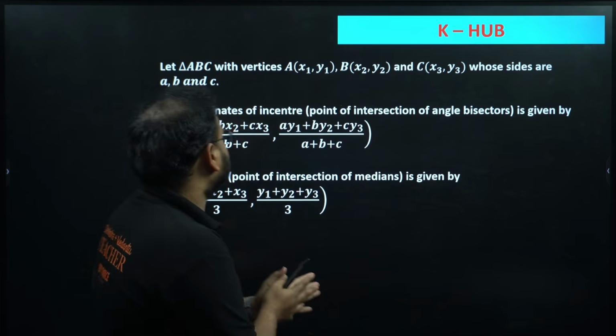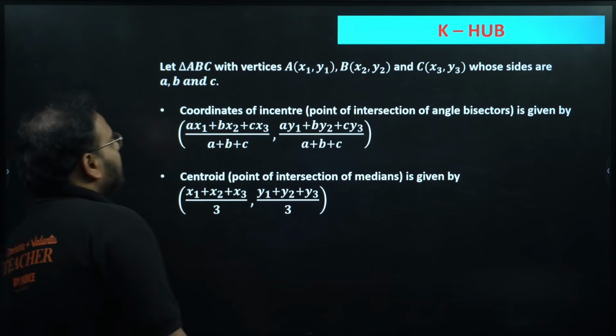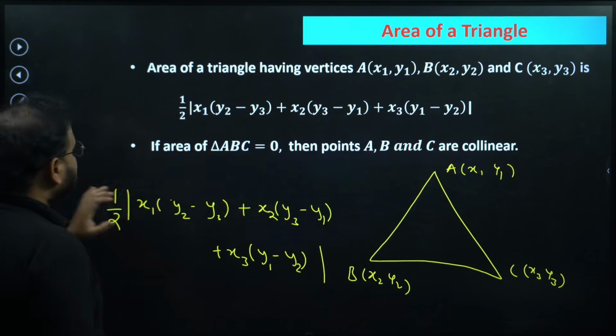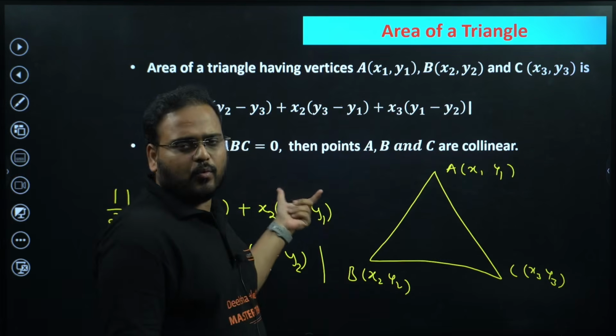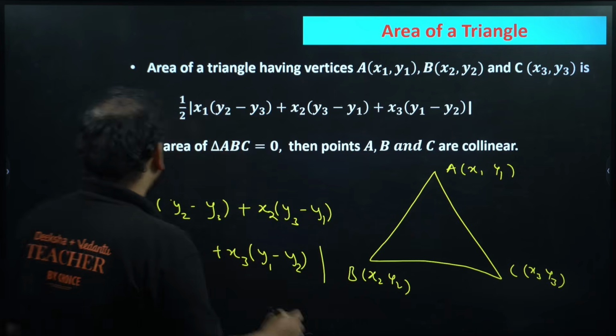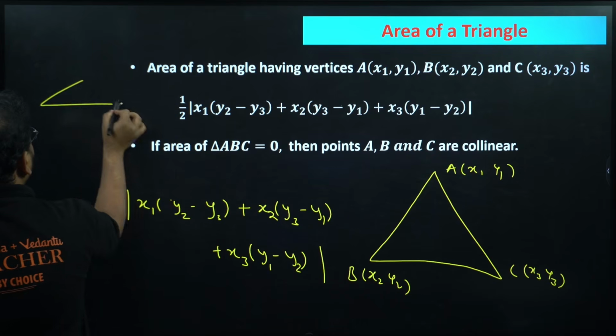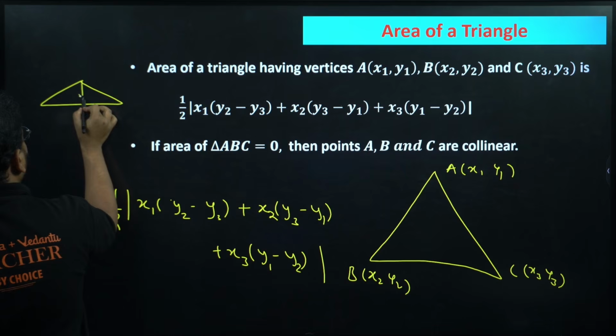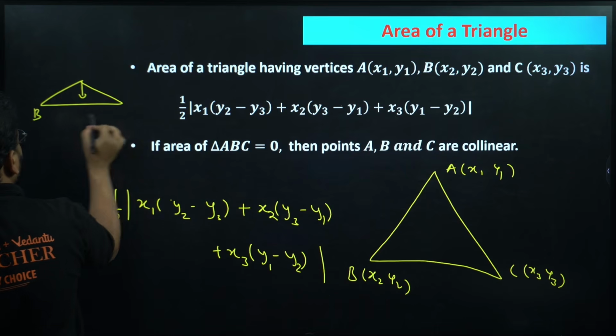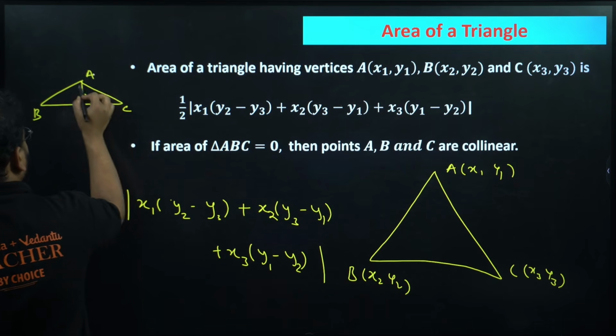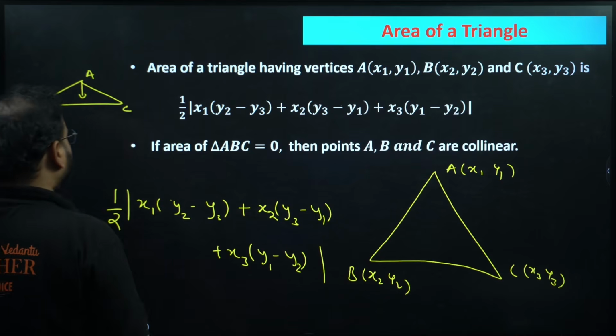Alright. Next. One more thing I missed over here is, if the triangle area is 0, what happens in that case? Let's say this was the line BC and vertex A was over here. It keeps moving towards the line BC.